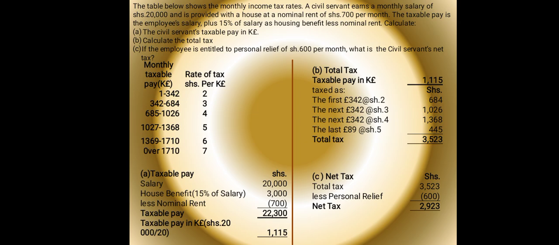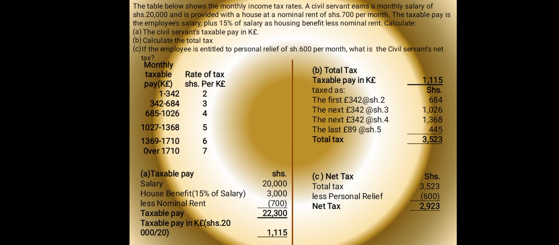Calculate A, the civil servant's taxable pay in Kenya pounds. B, calculate the total tax, and C, if the employee is entitled to a personal relief of 600 shillings per month, what is the civil servant's net tax?